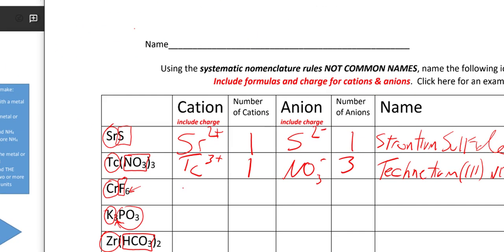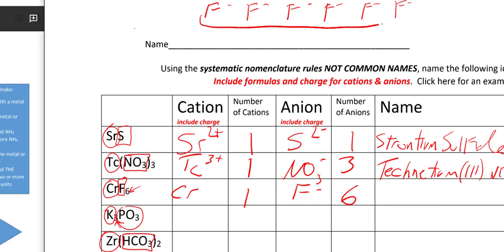Let's see, Cr is the cation, and there's 1 of them. Fluoride is the anion, and there's 6 of them. Doing a little math, we have 6 fluorides, so this contributes a -6. So the question is, what's the charge on this 1 chromium? So we'll call that X. So X plus -6 must equal 0.